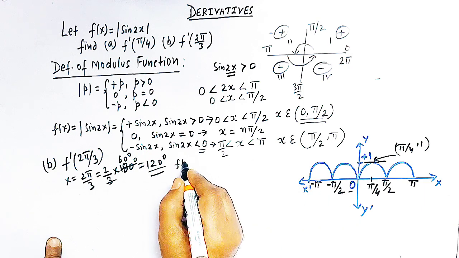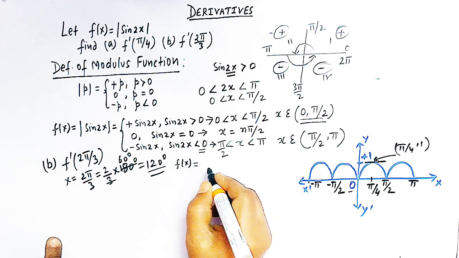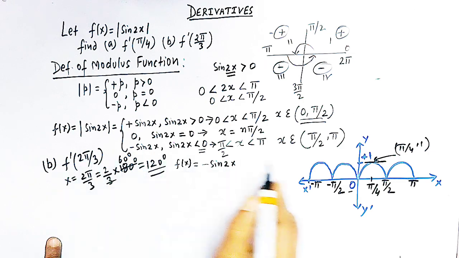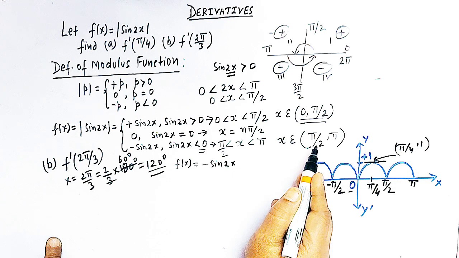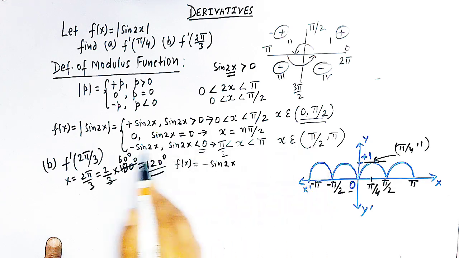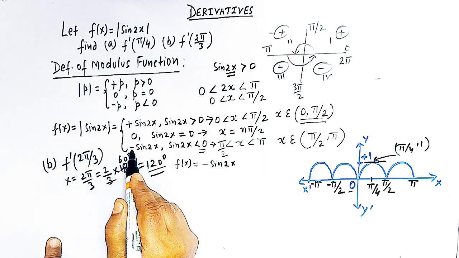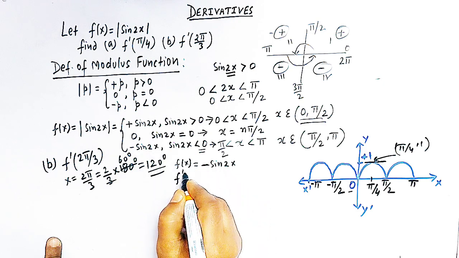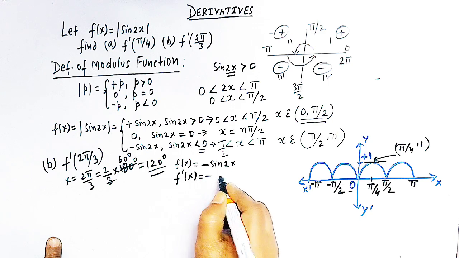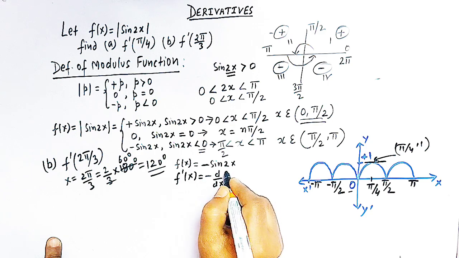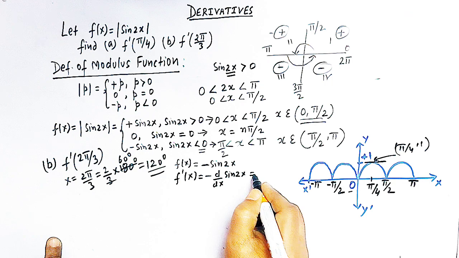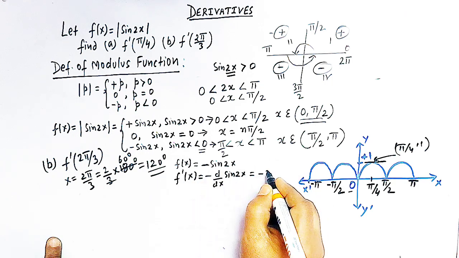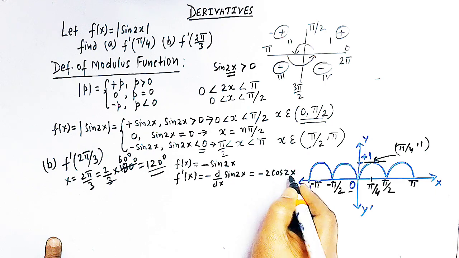When x lies in this interval, f of x should be taken as negative sine 2x. Now let us differentiate both sides. So f prime of x is equal to negative d by dx of sine 2x, and as we have done earlier, this is negative, and here we have 2 cos 2x, right?